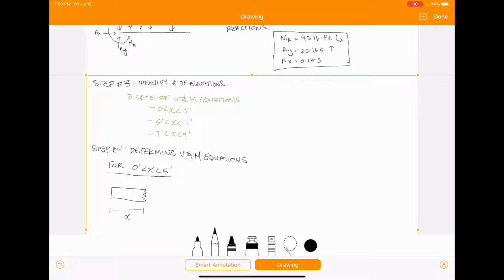So we've drawn our cut portion. Now we need to apply our loads. Apply our reactions.